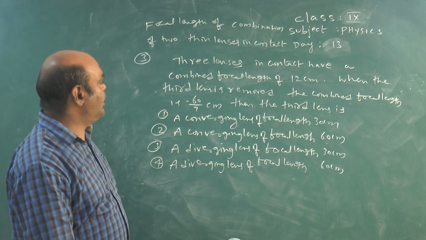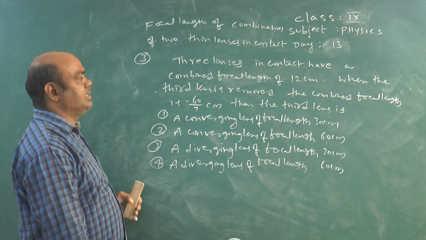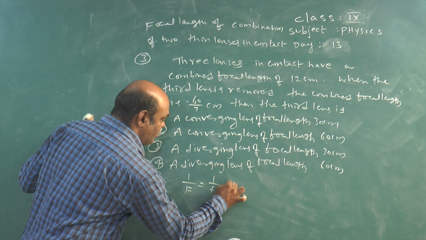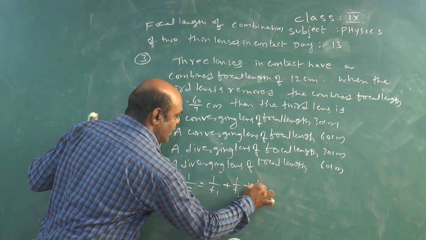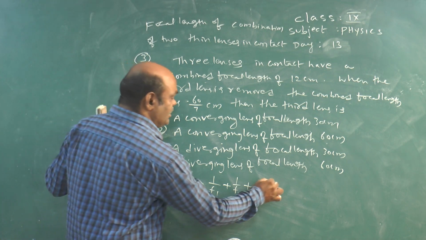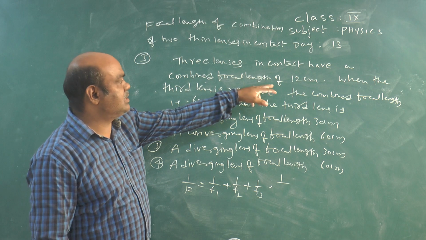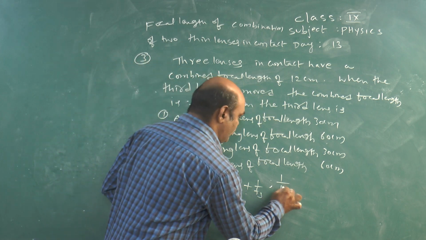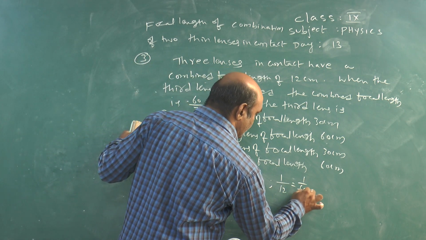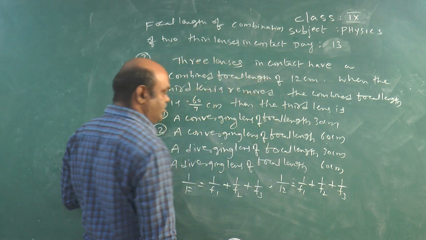So first see here, three lenses in contact have a combined focal length of 12 centimeter. So 1 by f equal to 1 by f1 plus 1 by f2 plus 1 by f3. So 1 by 12 equal to 1 by f1 plus 1 by f2 plus 1 by f3.